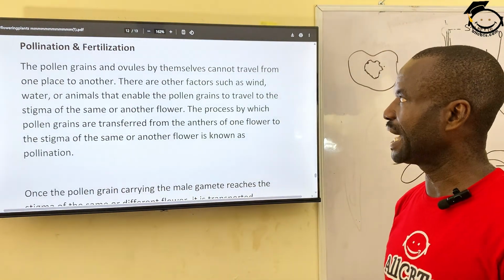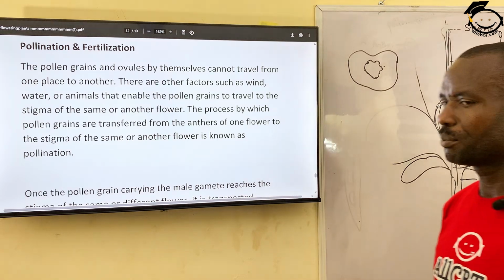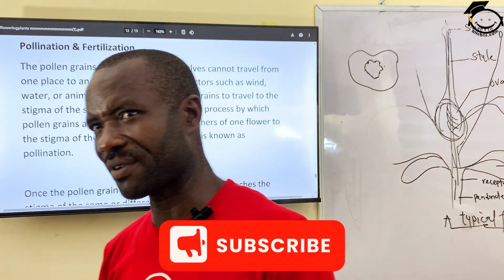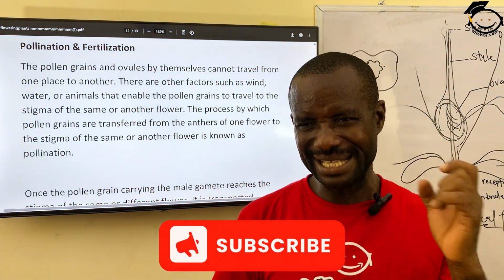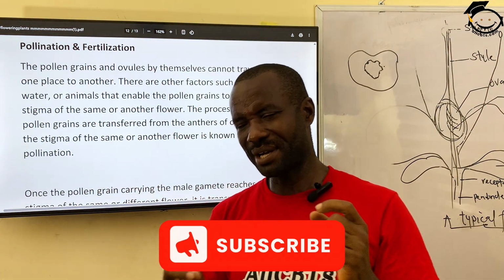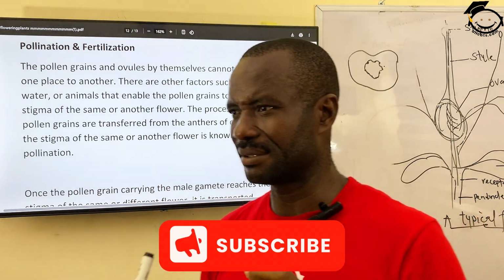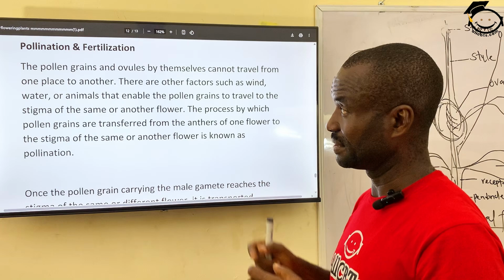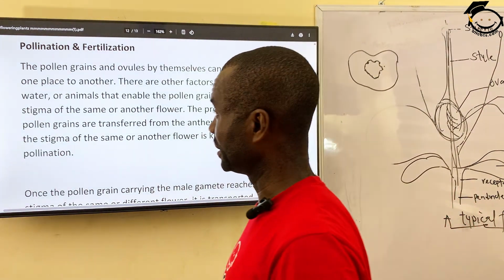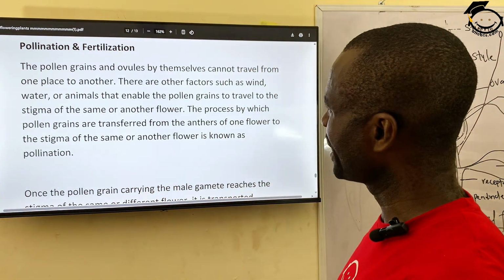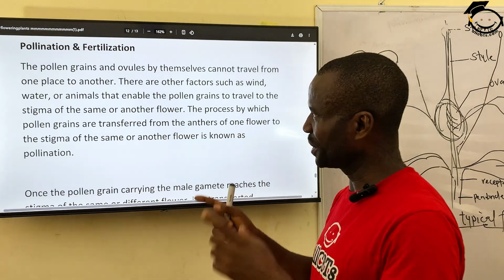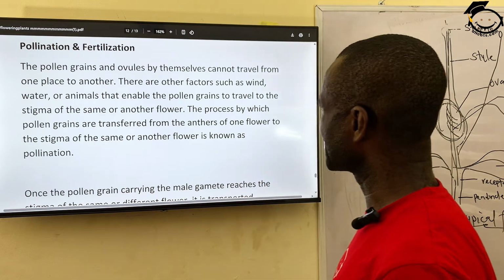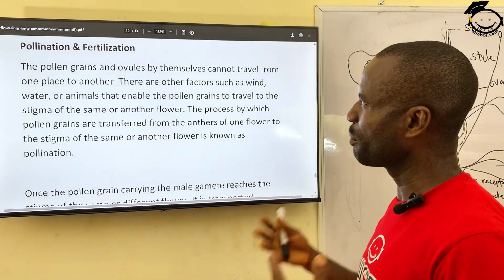Now, pollination and fertilization. Pollination, we explained during the course of this class, is the transfer of pollen grain from the anther, which is the male part, to the stigma, which is the female part of a flower. The pollen grain, which is the male, and the ovule, which is the female, by themselves cannot travel from one place to the other.